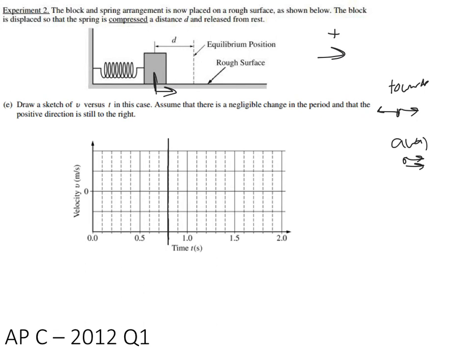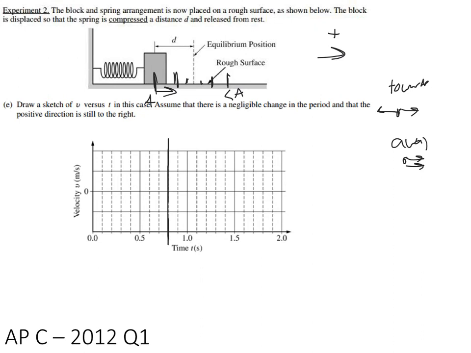Now, if you remember, the other thing is that when we have friction, it's not going to go nearly as far. So if it starts at amplitude A here, it's going to reach some position less than A. And then it's going to reach over here, and over here, and over here. So the amplitude of the graph should end up decreasing for both the position, the acceleration, and even the velocity.